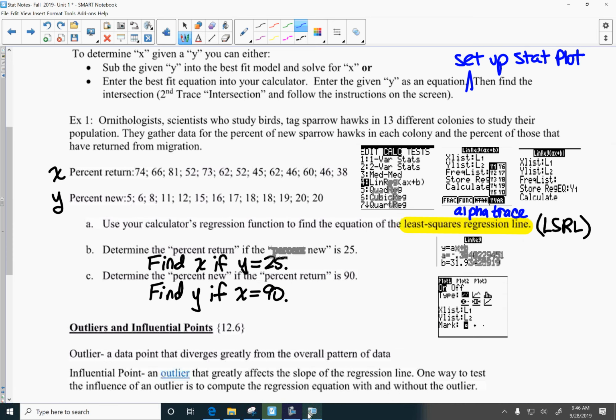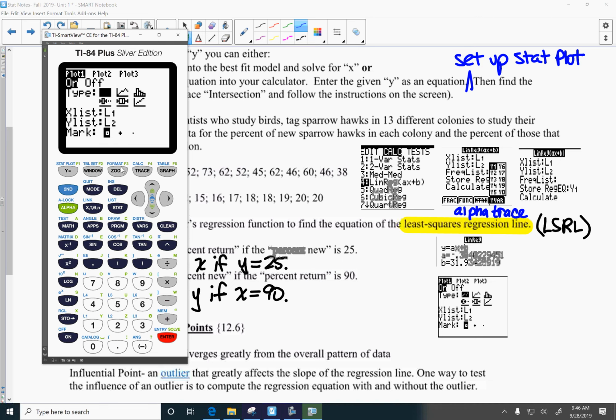All right. So as always, when we're creating a graph, we hit zoom, option 9, zoom stat. So zoom stat, hit enter. So you have the scatter plot, and you have the line.